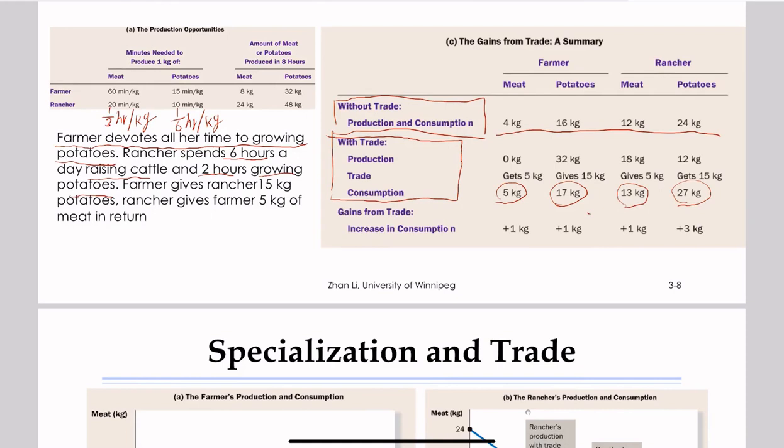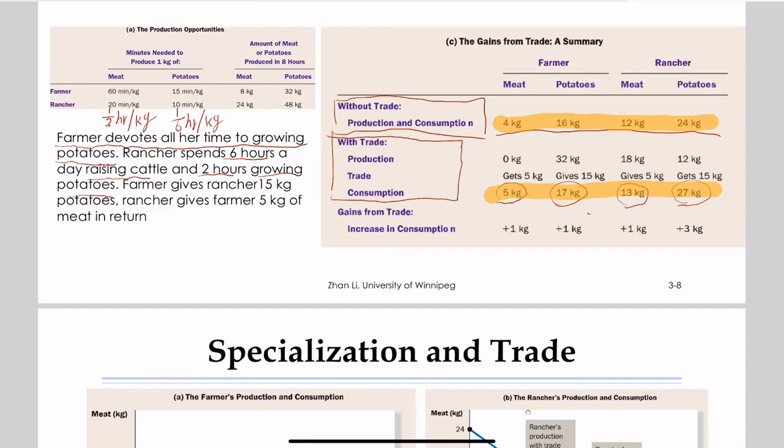Now, what's our focus here? Our focus is we want to compare this line with this line. And you can see that this is a fairly interesting result, right? If you compare the case with trade and without trade, you can see that there is gain from trade. That is, the farmer will have 1 more kilogram of meat, 1 more kilogram of potatoes. The rancher will have 1 more kilogram of meat and 3 more kilograms of potatoes.